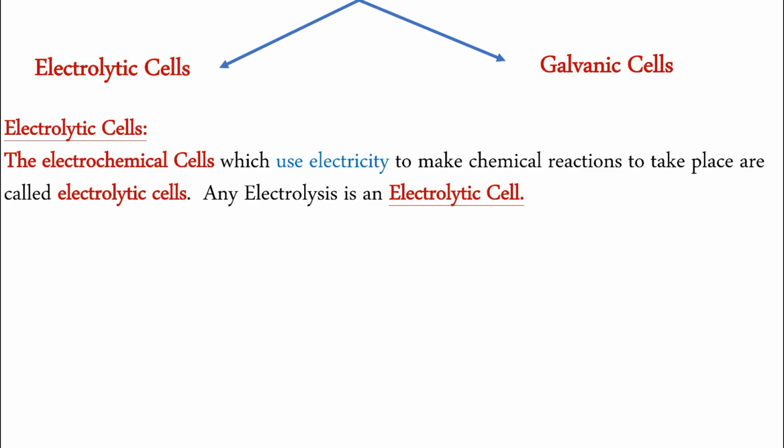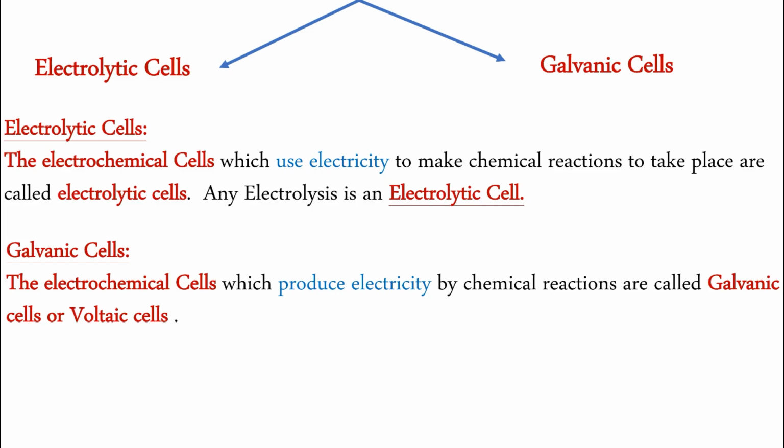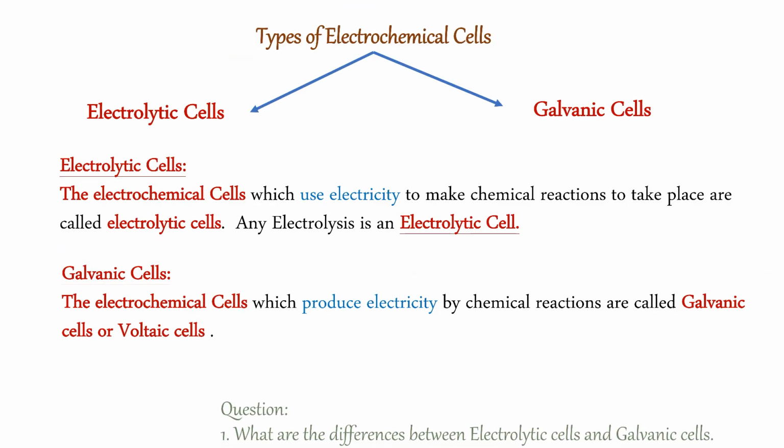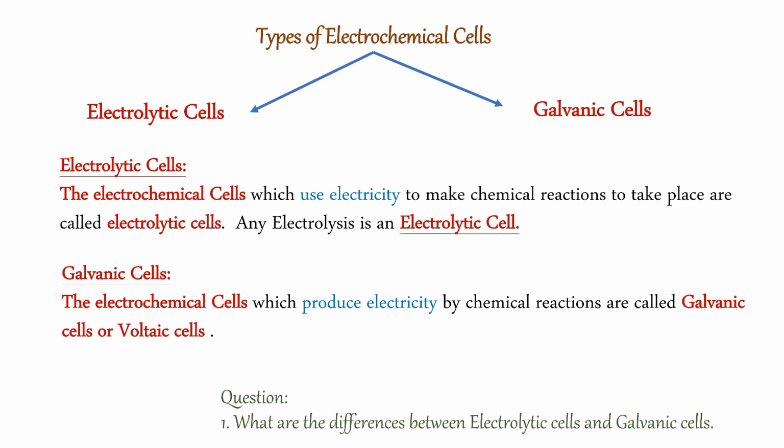Any electrolysis is an electrolytic cell. Galvanic cell. The electrochemical cells which produce electricity by chemical reactions are called galvanic cells or voltaic cells. Question. What are the differences between electrolytic cells and galvanic cells?